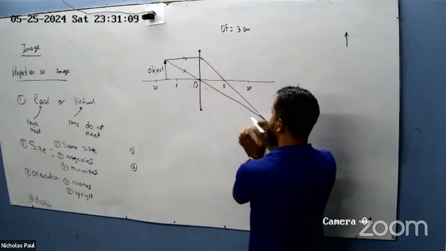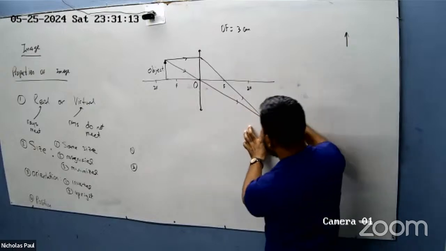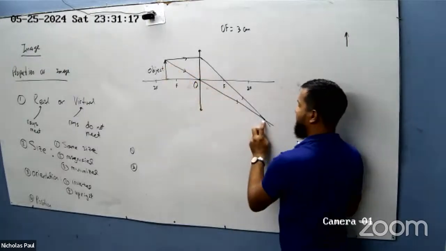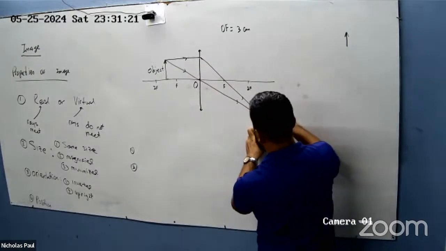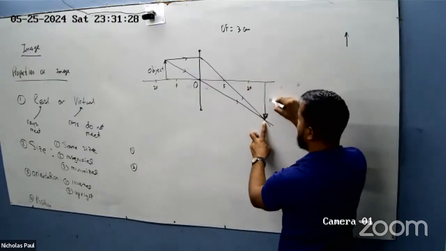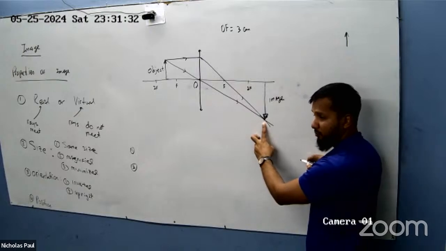Where those rays meet, that is where your image will be. So you will notice that the rays from the top meet right here. That's the image. Follow that?